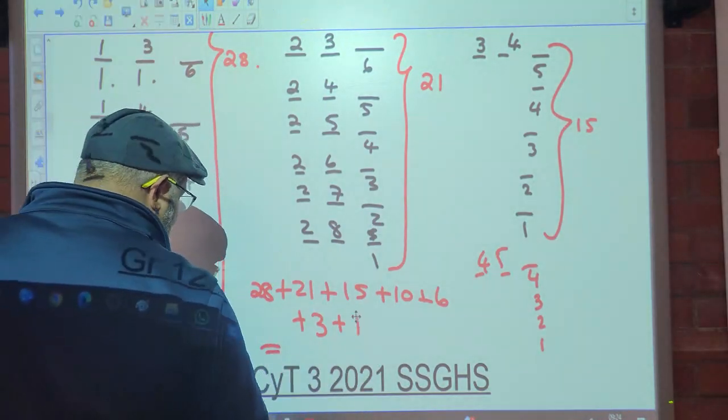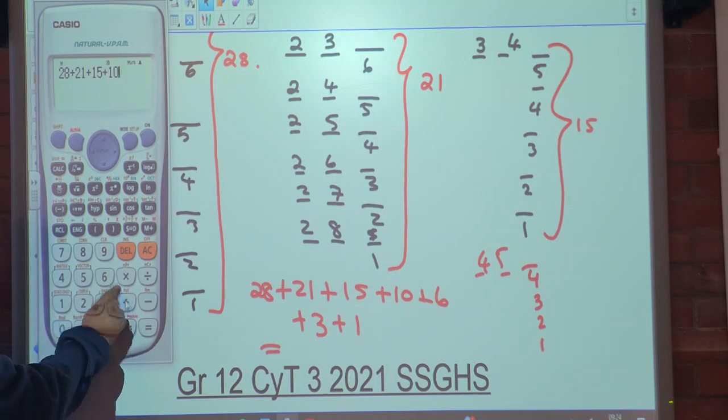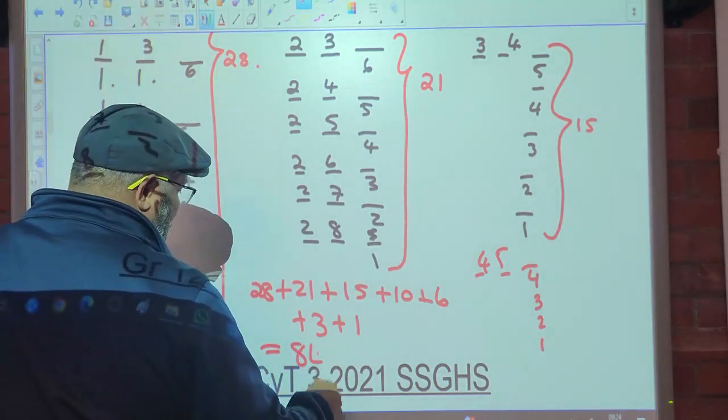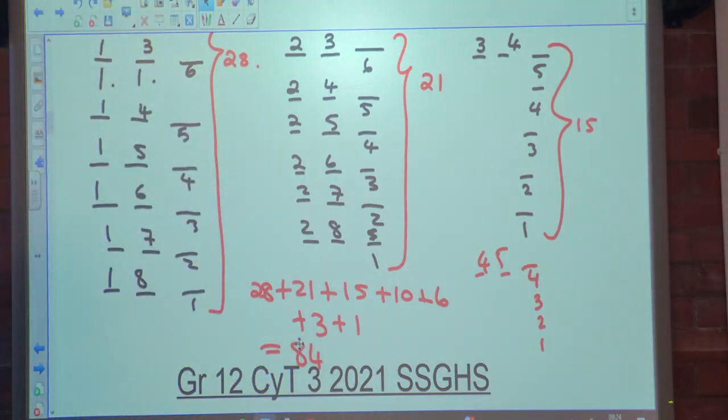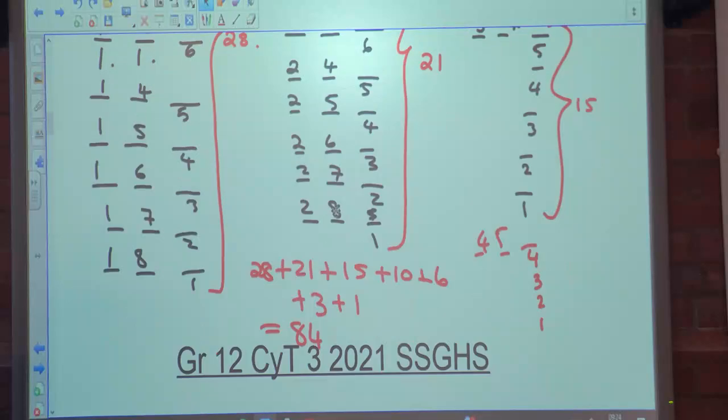So the total number of combinations she could make is 28 plus 21 plus 15 plus 10 plus 6 plus 3 plus 1. Gives you 84 different combinations given a constraint here. Okay. Something to think about.